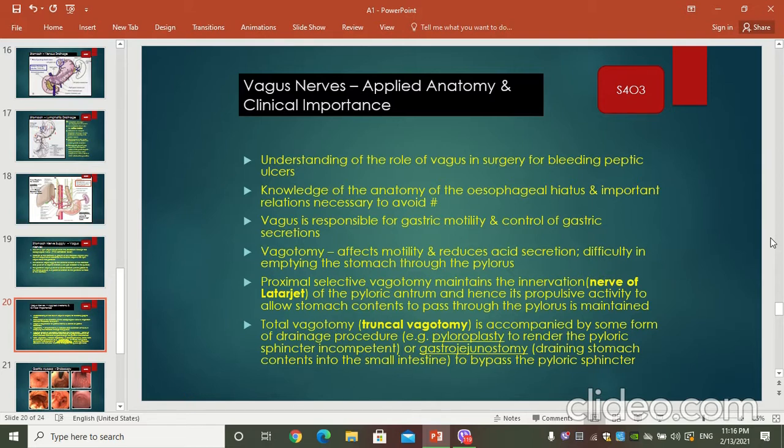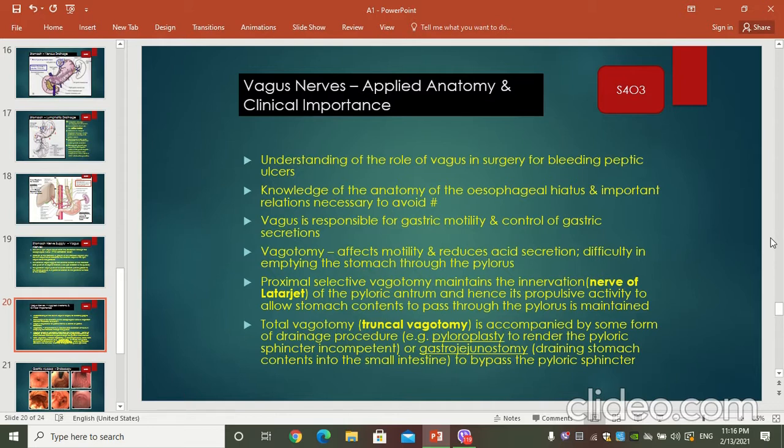So proximal selective vagotomy is the alternative. It maintains the innervation, the nerve of Latarjet, to the pyloric antrum, and hence its propulsive activity to allow stomach contents to pass through the pylorus is maintained.